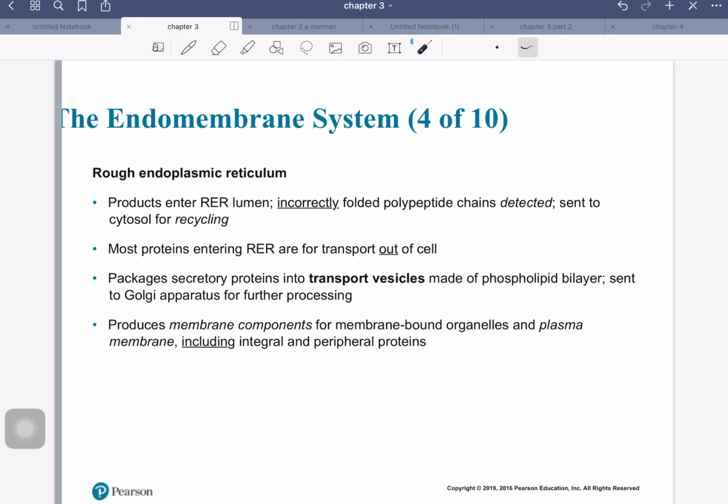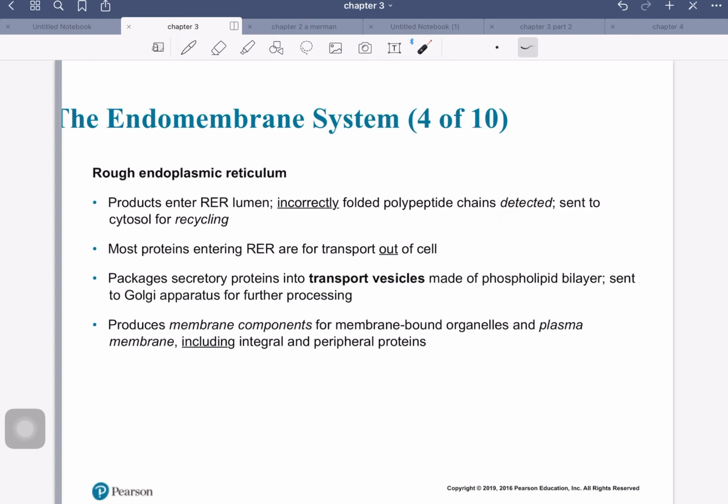The other thing is products enter the rough ER, and it also acts as a bit of a quality control: incorrectly folded polypeptide chains are detected and sent to the cytosol for recycling. So all of a sudden we have two things. It does quality control on proteins that are made, or polypeptides to be more correct, and also it's about transporting proteins out.